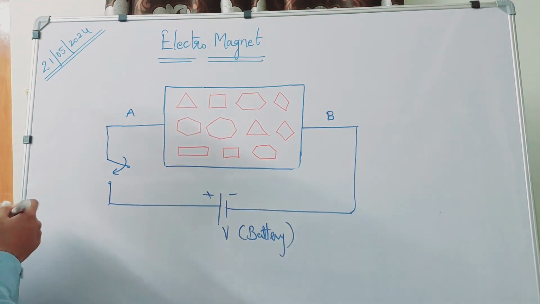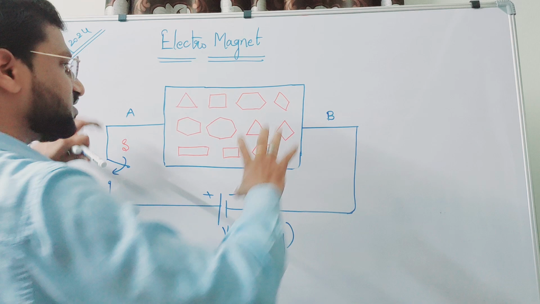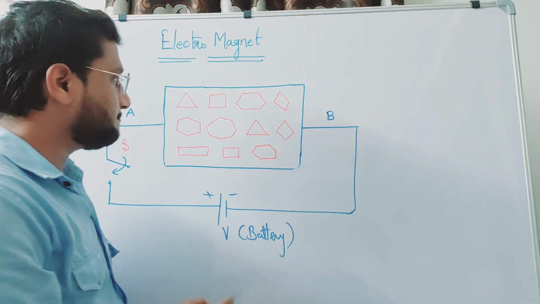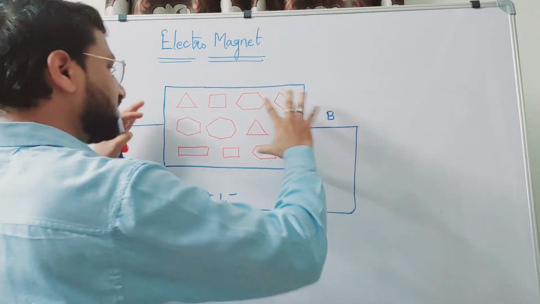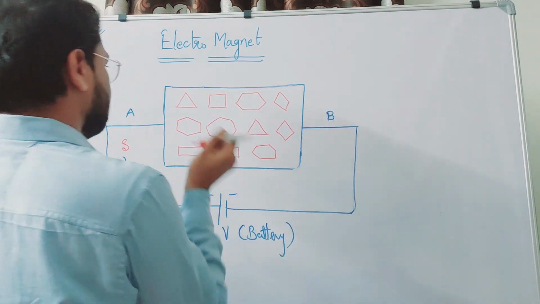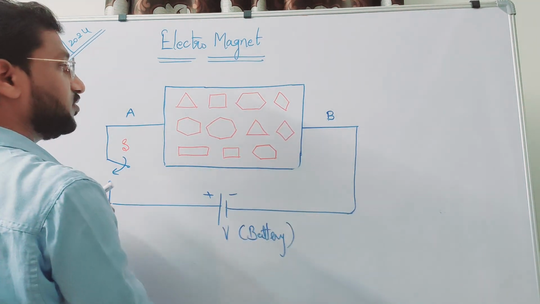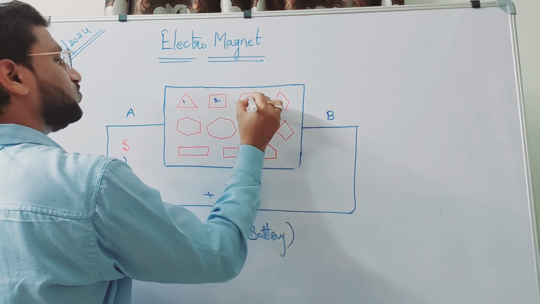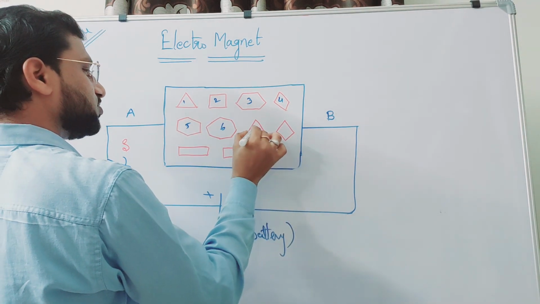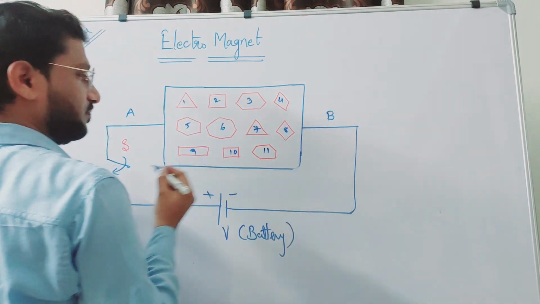Now assume that the switch is still open. That means this material is not connected to the power supply, right? In this material I have magnetic molecules like this. 1, 2, 3, 4, 5, 6, 7, 8, 9, 10, 11, right?